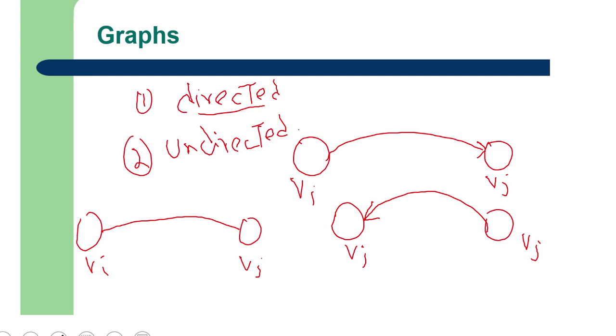In this case, we can move from vertex Vi to vertex Vj and from vertex Vj to vertex Vi. So the directed edge has a path that is unidirectional, and in the case of an undirected edge, the path is bidirectional.